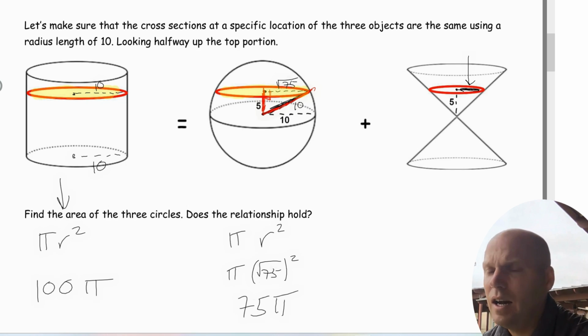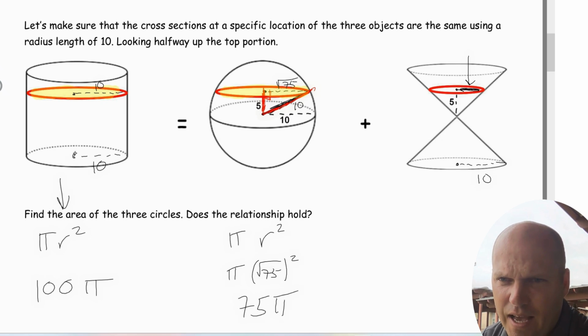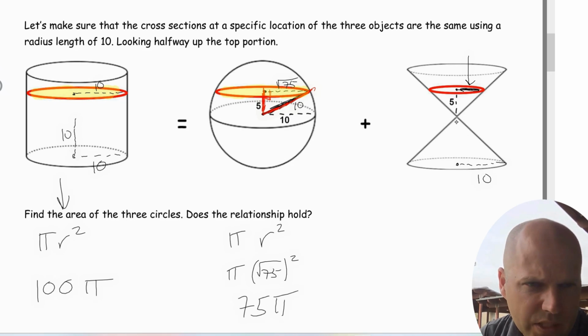And I am going to give you a hint. We know that if this length is 10, that this length to the middle is also going to be 10, and all the way up to the top will be 20.